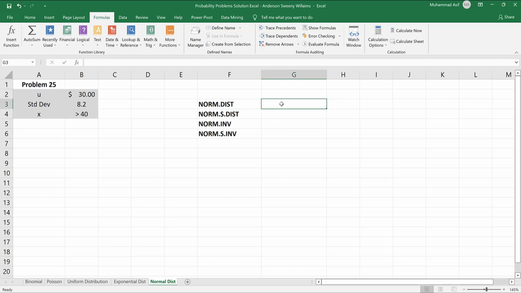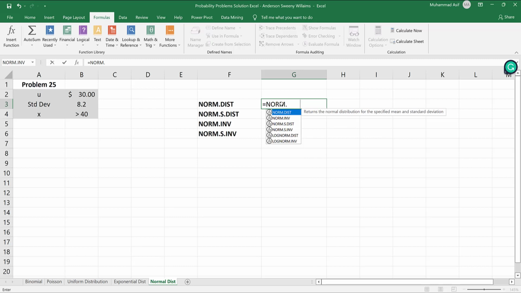Now I will show you here, and it will automatically give suggestion. For example, NORM.DIST, and then it's giving suggestion that you need to enter value of x and then mean and then standard deviation. So most of the questions provide these parameters, so we'll use this.